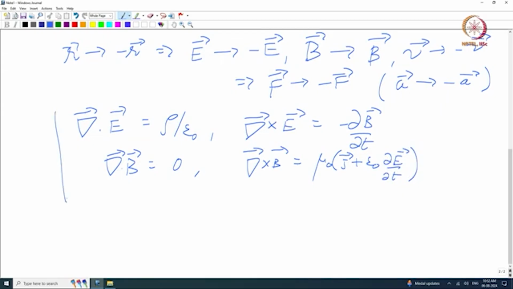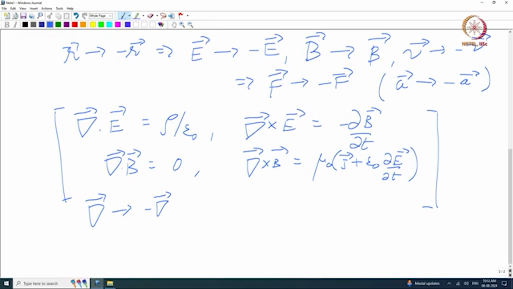Okay, good. Now here, what happens to the grad under parity? It goes to the minus of itself, correct? Okay. So what happens to the electric field? It also goes to the minus of itself, so this doesn't flip.